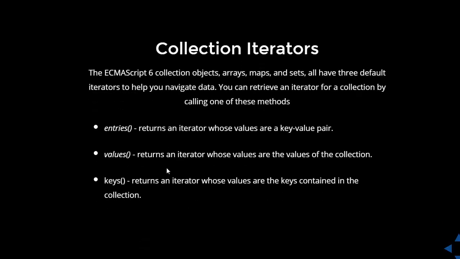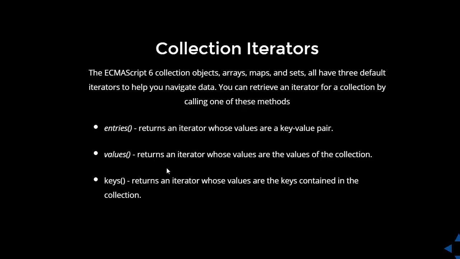These are some of the methods: entries, values, and keys. We have already talked about these. These are some functions which are available on arrays, Array.prototype.entries, values, keys. These functions can be applied to collections, any array, any set, any map object.